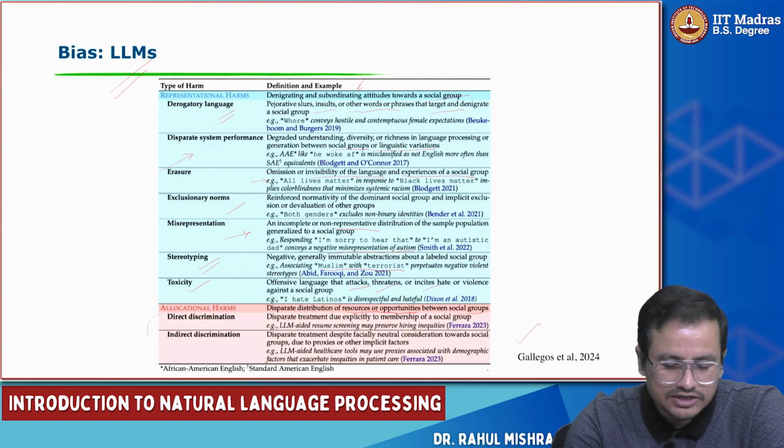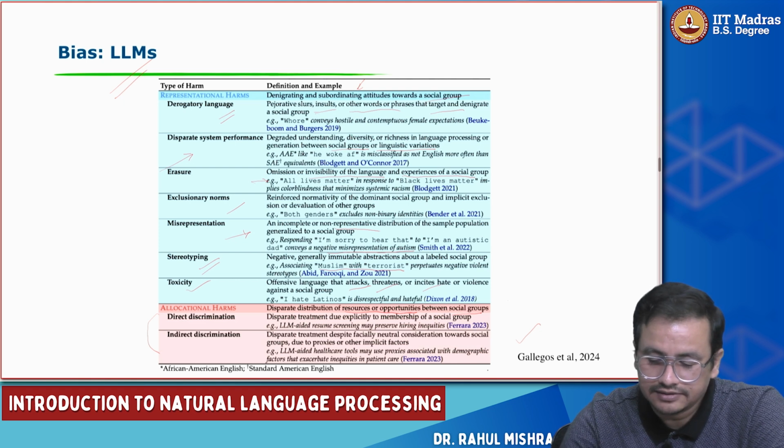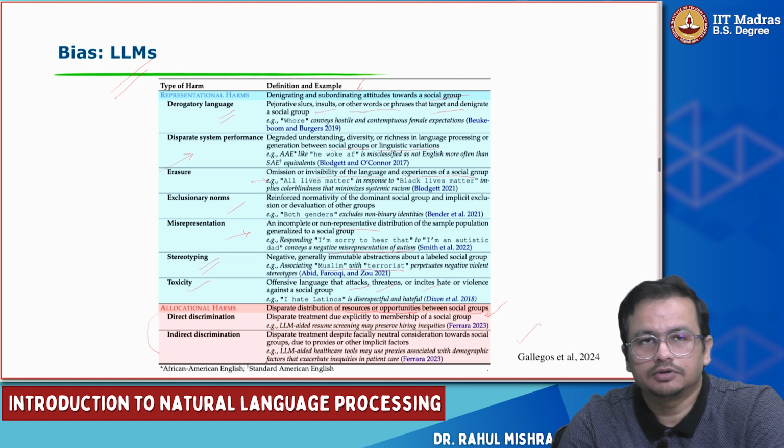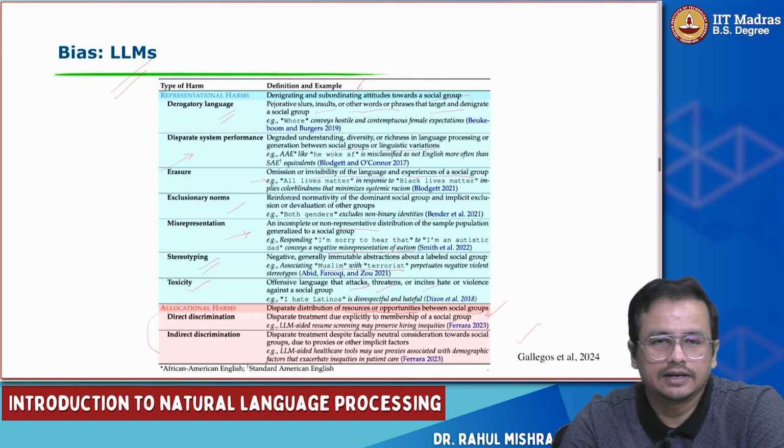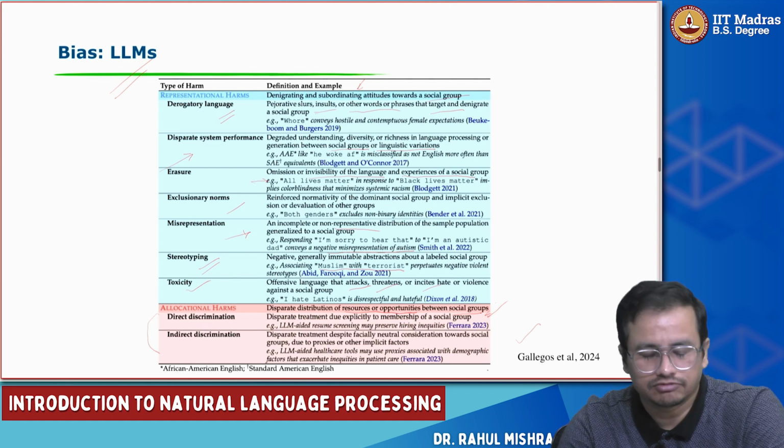Then the allocational harms are two: direct discrimination and indirect discrimination. In direct discrimination, you have a system or LLM which, say, predicts racially who is criminal or who could be criminal based on photos and so on.